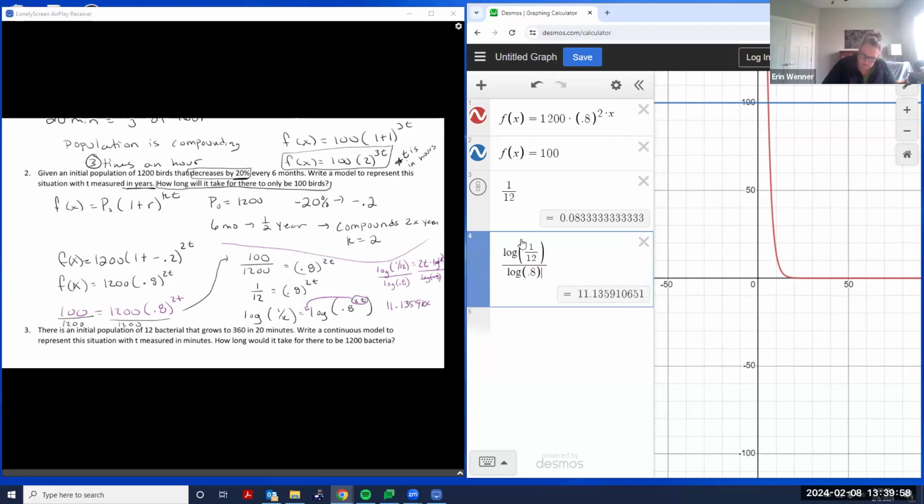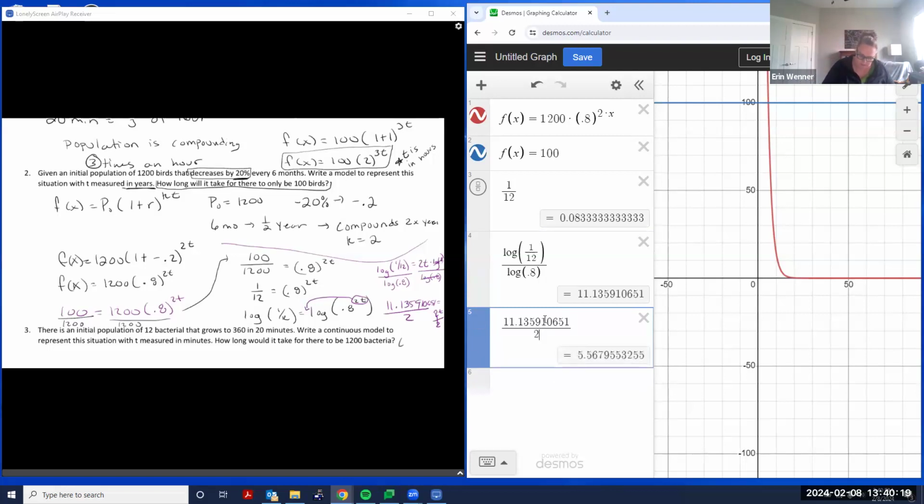And that's equal to 2t. So our last step is to divide both sides by 2. Oh, not by 1, come on.